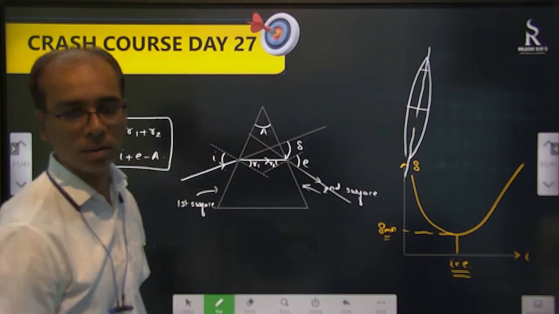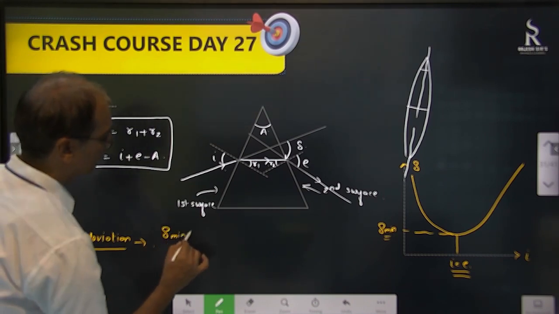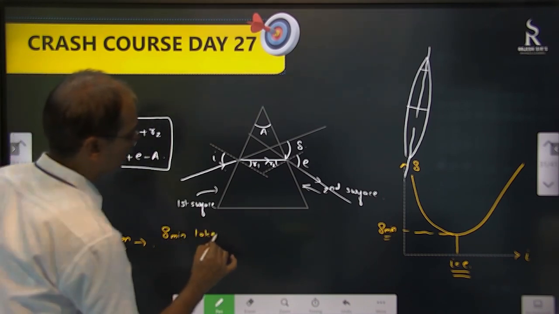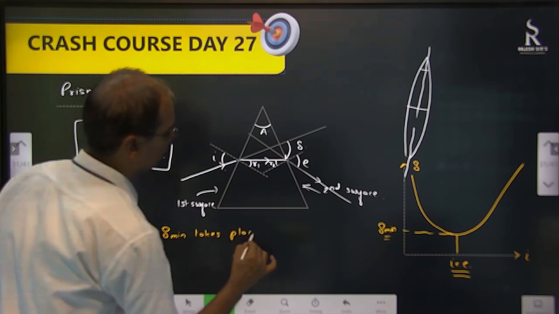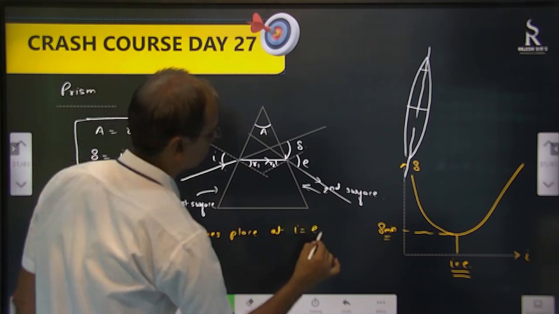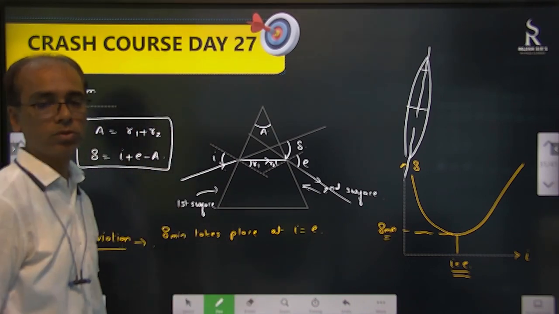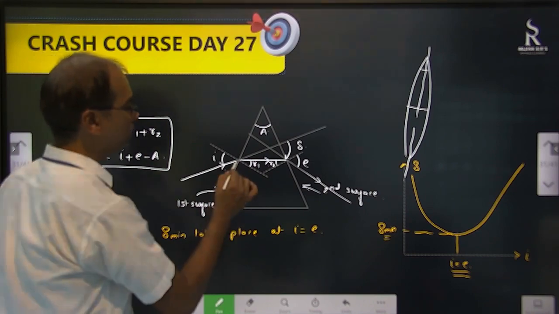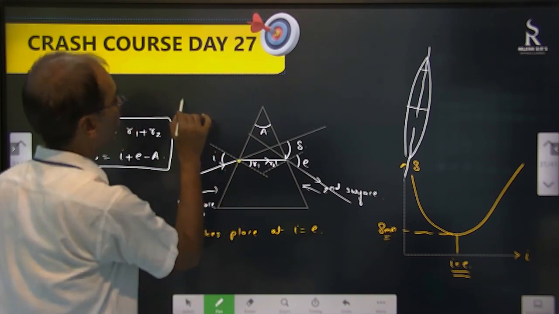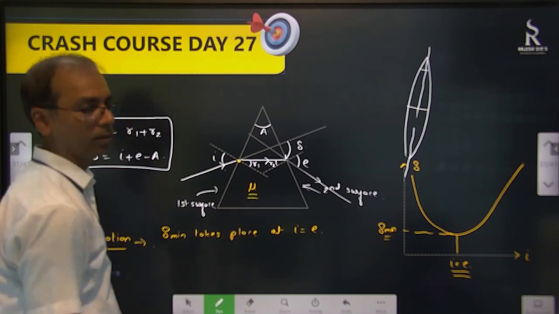So delta minimum takes place when angle of incidence and angle of emergence are equal. So when angle of incidence and emergence are equal, it means R1 is also equal to R2. Why? Because if you are writing Snell's law here, suppose its medium's coefficient of refractive index is mu.